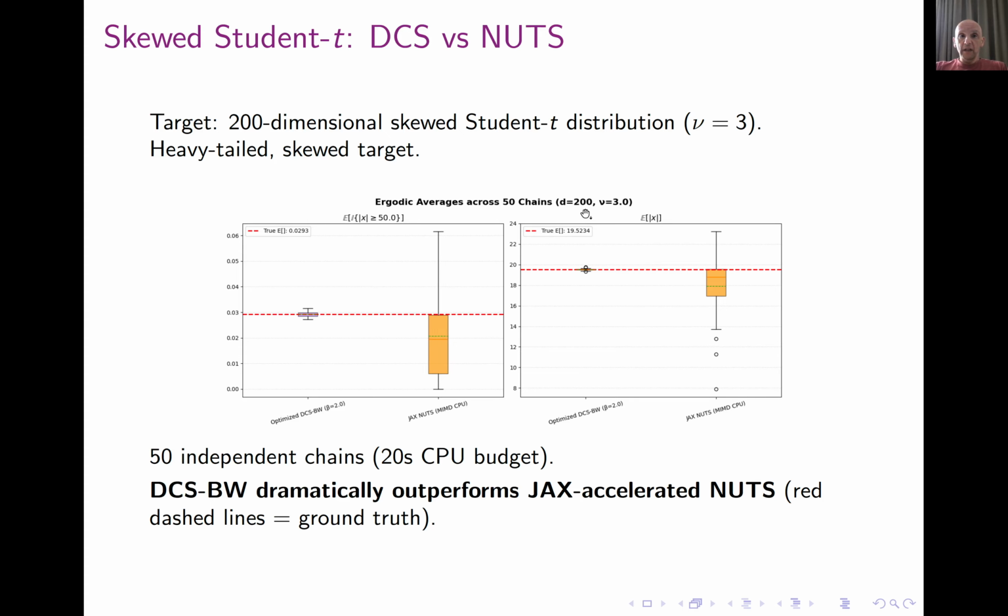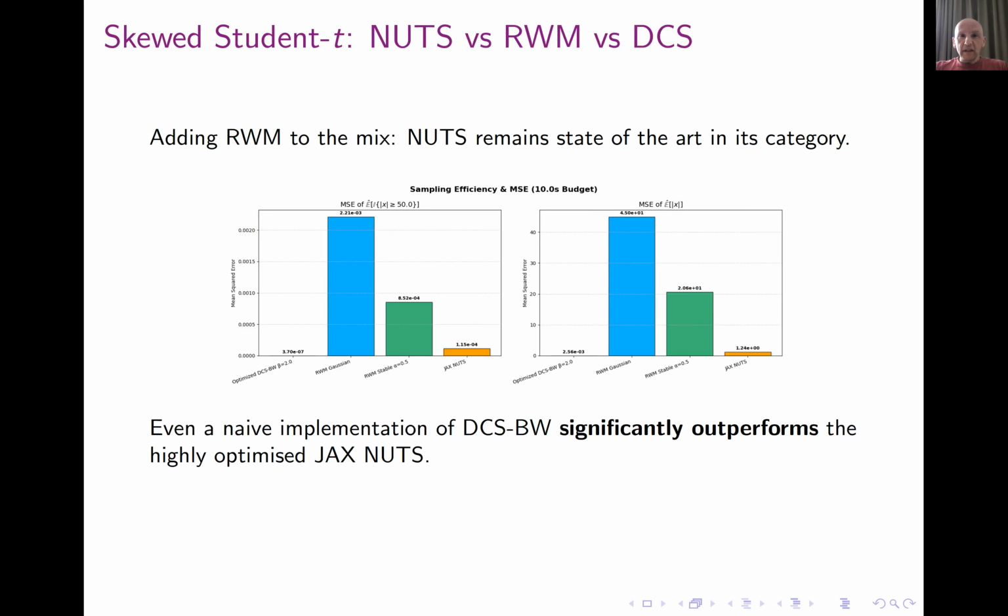Now, if you really put random walk Metropolis into the mix, you see that NUTS is still really state-of-the-art in this context. So here we've got random walk Metropolis with Gaussian proposals, and here we're looking at the mean squared error. And here, random walk Metropolis with heavy-tailed proposals would have half a moment.